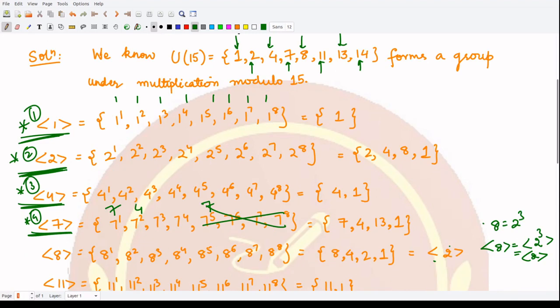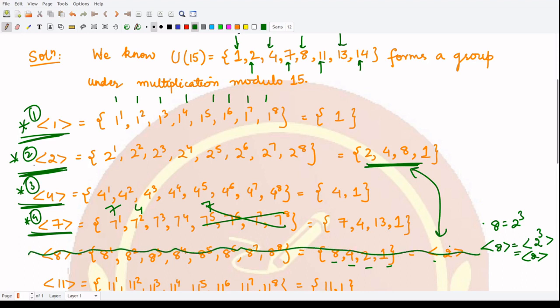Here for larger calculations you might require a calculator, right? Otherwise when you calculate mod 15 of it, you will be looking at the numbers 8, 4, 2 and 1, correct? So they are exactly the same numbers, hence they both are the same, hence we cannot say this is our next subgroup. Why? Because we have already taken this as our second subgroup, which is generated by 2.